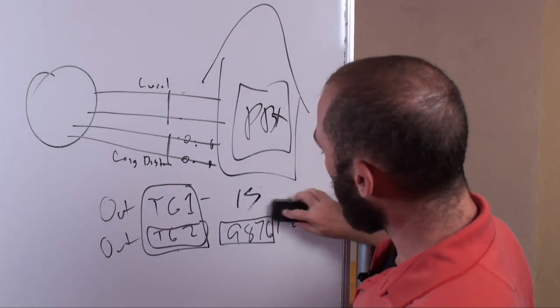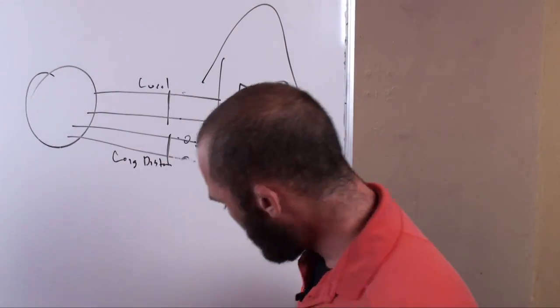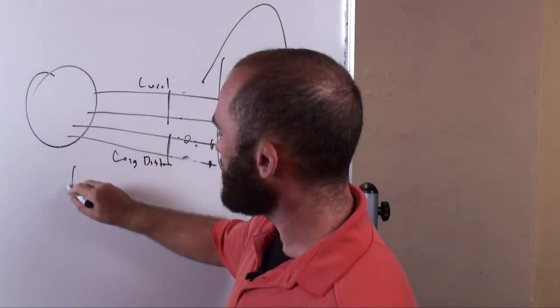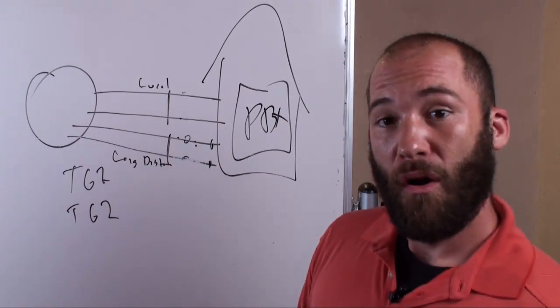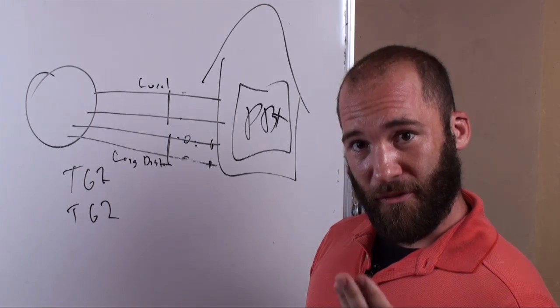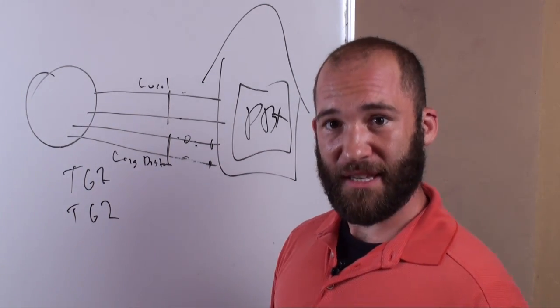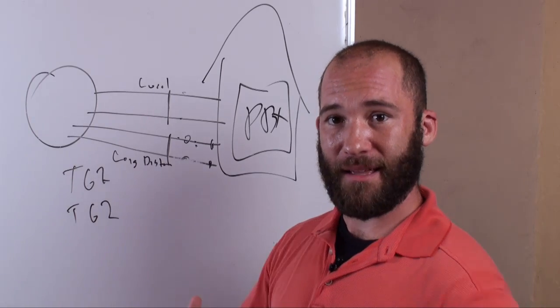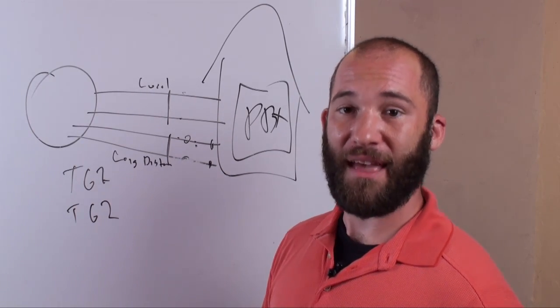Now, like I said, when you're programming this into the system, just so you understand this a little better, if you have multiple trunk groups, so I say trunk group 1 and trunk group 2, what you're going to program in for how to use these trunk groups is how many digits is the phone number. So here in Maryland, we have to use 10 digits. We have to use the area code and the rest of the phone number.